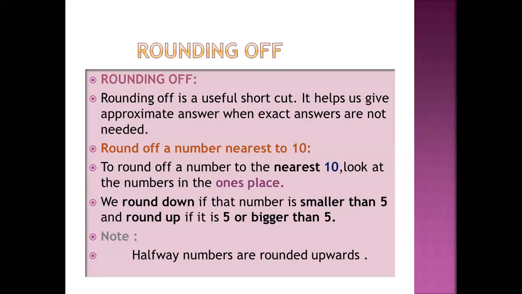If the number on the ones place is greater than 5 or equal to 5, then we round up our numbers. Halfway numbers are rounded upwards. Halfway means 5 or greater than 5.